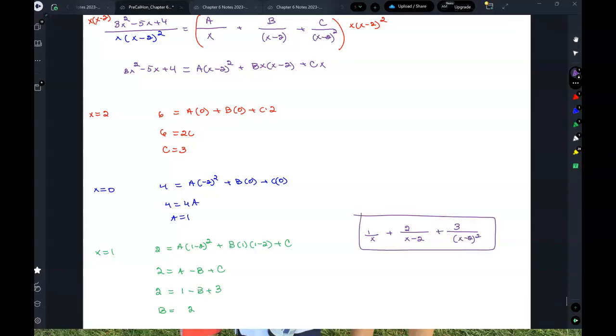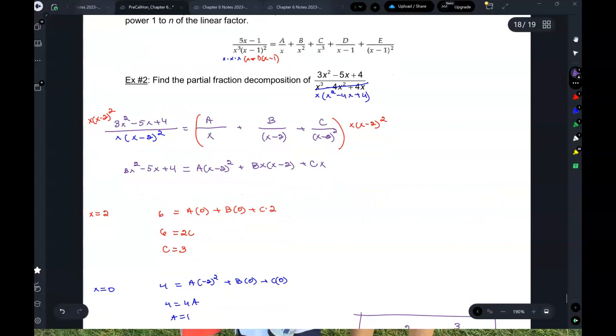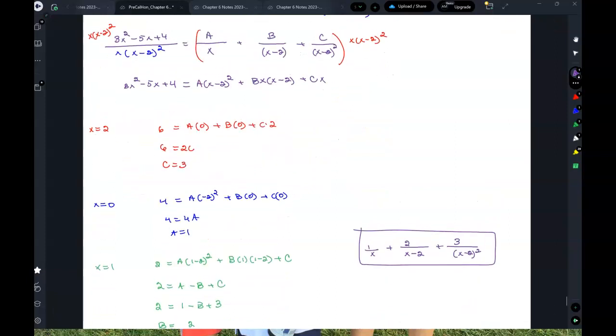And if you find yourself with a little bit of time to spare and you don't believe that that equals that, well, just go ahead, do common denominator and add them, and you'll see that it does, in fact, add up. If I were to take the common denominator here, what would it be? X times (x minus 2) squared, and then magically it all adds up to that.